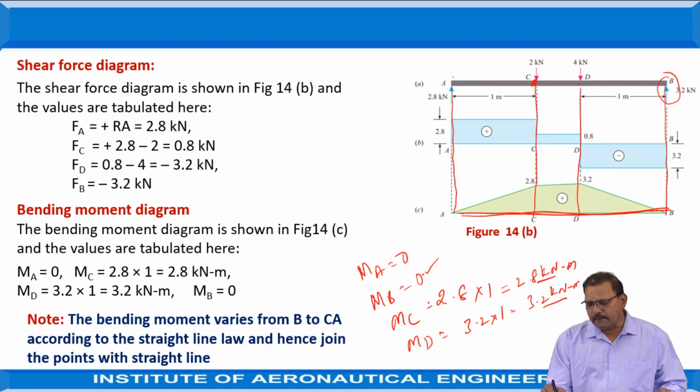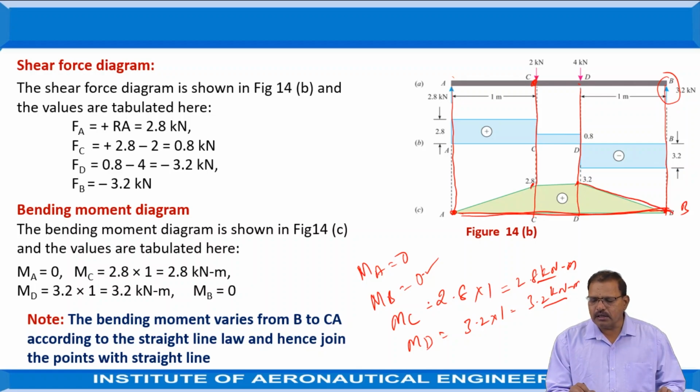At A, the bending moment is equal to 0. At B, the bending moment is equal to 0. At C, it is equal to 3.2. Since the bending moment because of the point load always varies with the distance only, you have to join these two points by straight lines.